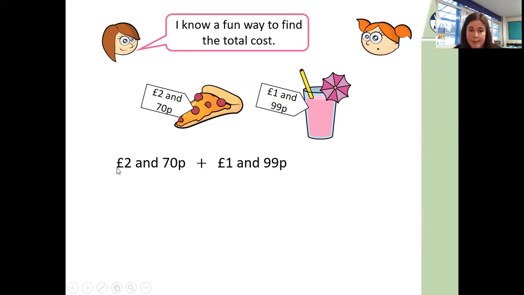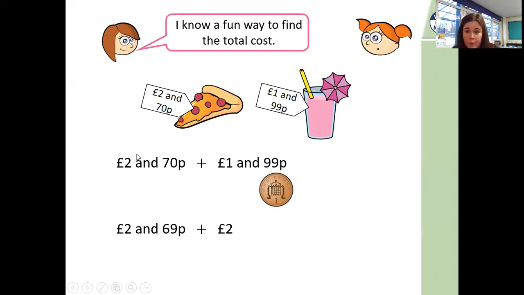But to get to the £2, we need to take a pence from the pizza. We're not changing the price of the pizza, but we are moving an amount, we're editing the numbers to help our calculation. So £2 and 70 will become £2 and 69p, and the £1 and 99p can become £2.